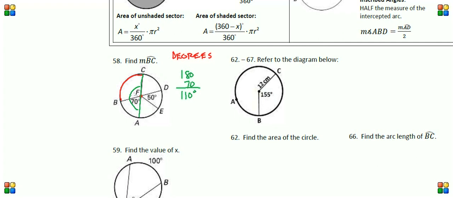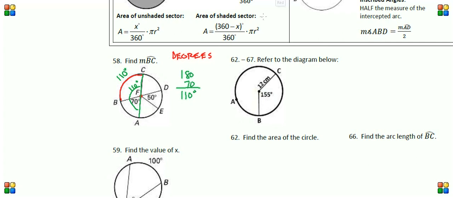So that means the measure of BFC is 110 degrees. And if that central angle is 110 degrees, then the measure of the arc, or the crust, that it cuts out of the circle must also be 110 degrees.